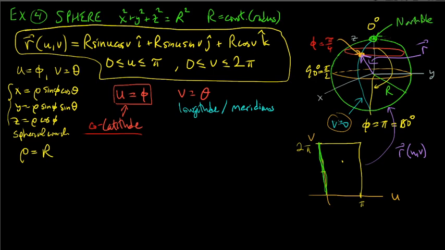All these different v's here give you the same point, the North Pole. And likewise, the South Pole down here corresponds to all these points, where phi is pi, or 180 degrees, right?